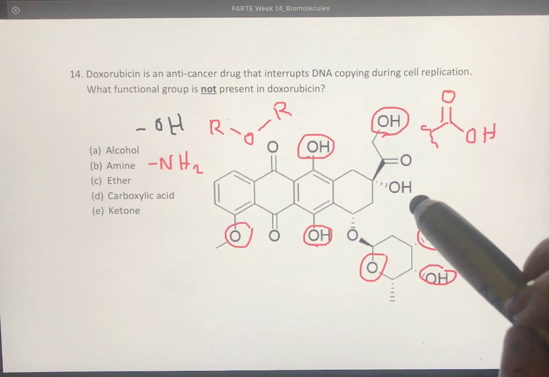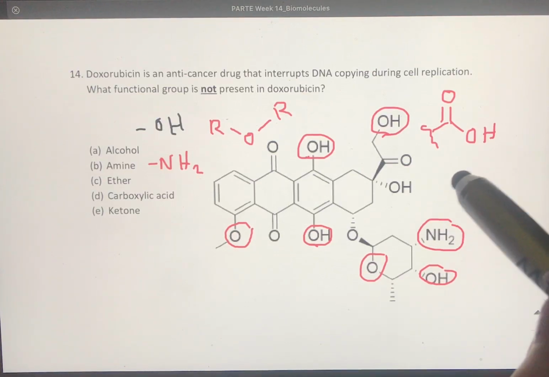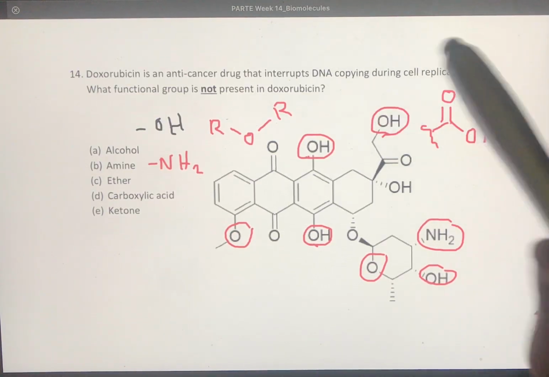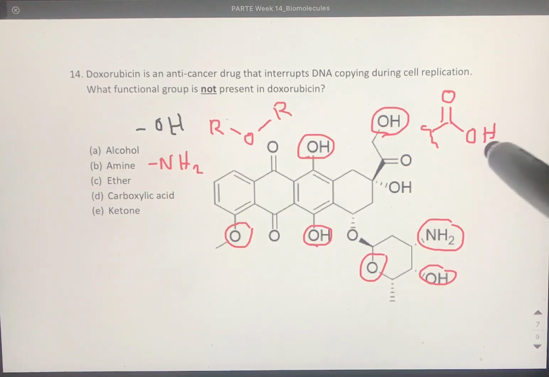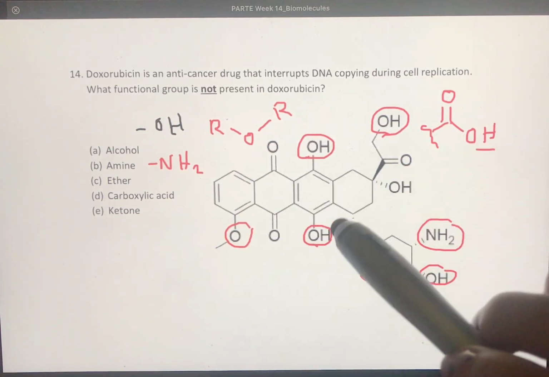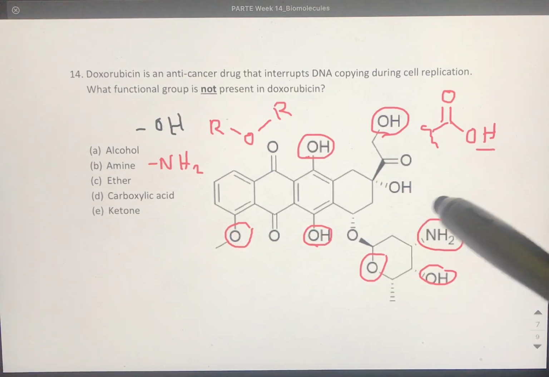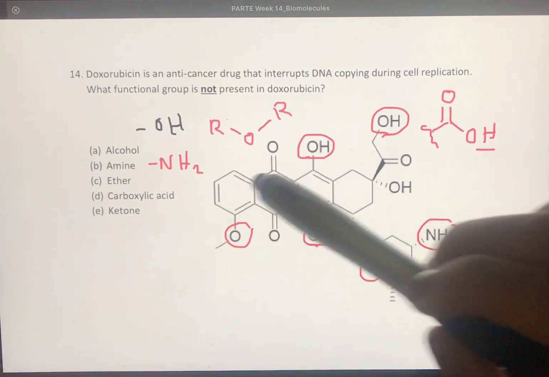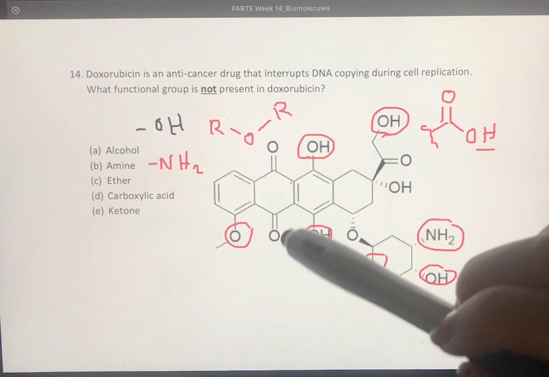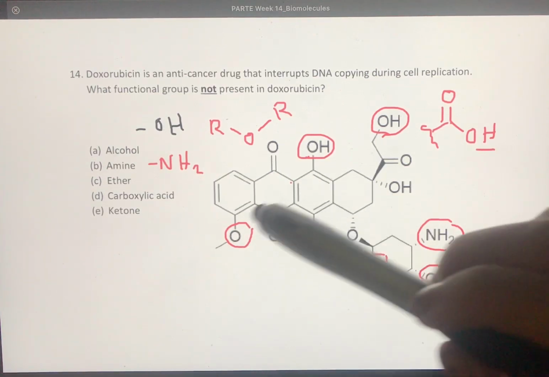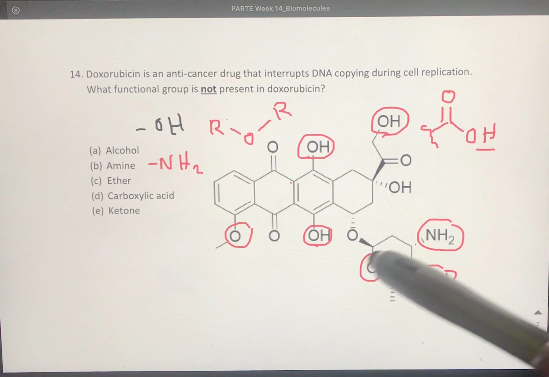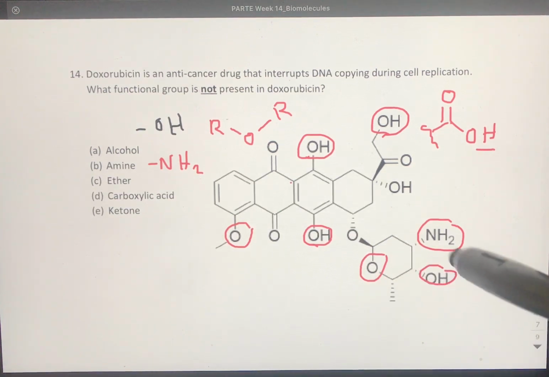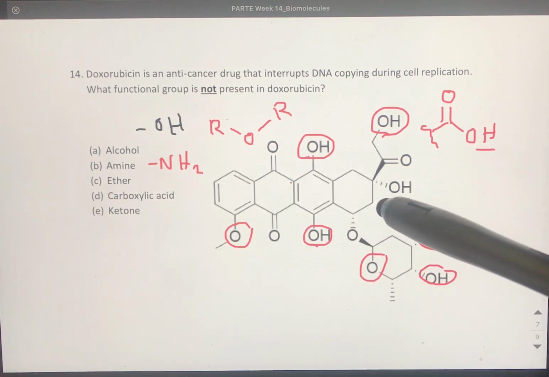So let's find our double bonded O's and see if any of those have this hydroxyl group or alcohol group coming off of them. So here we've got a double bonded O, but we don't have an OH one step away from it. Same thing with this one. We don't have any OHs that are super close. No double bonded O's over here.